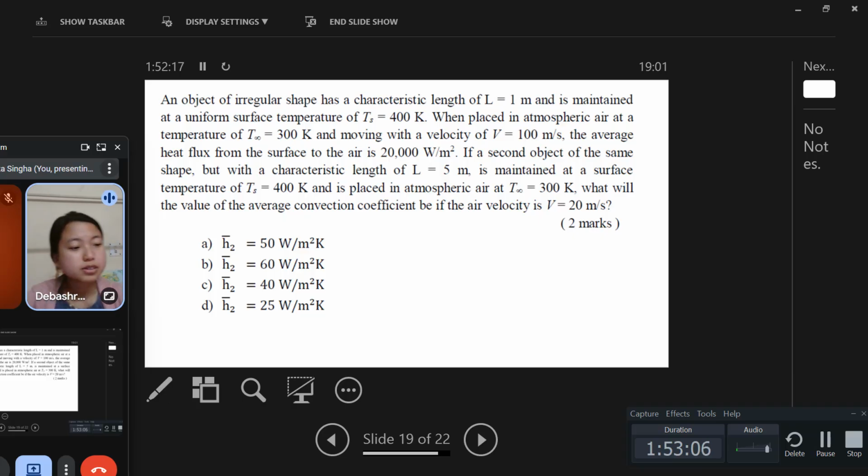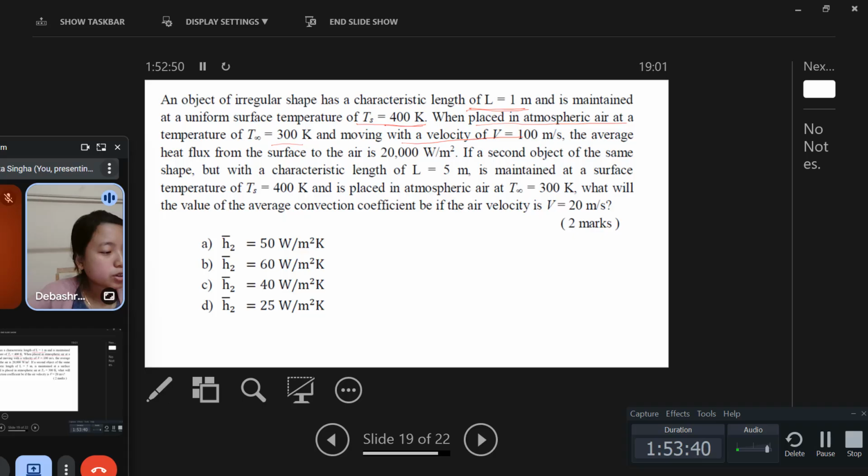So the next question is, an object of irregular shape has a characteristic length of L equal to 1 meter and is maintained at a uniform surface temperature of Ts equal to 400 Kelvin. When placed in atmospheric air at a temperature of 300 Kelvin, moving with a velocity V equal to 100 meter per second, the average heat flux from the surface to the air is 20,000 watt per meter square.